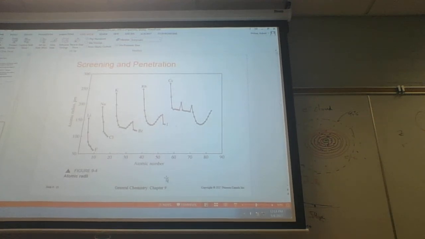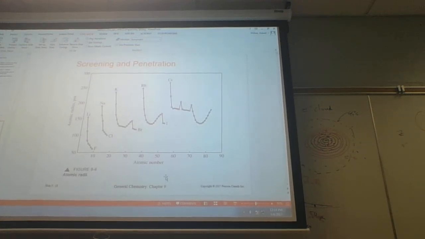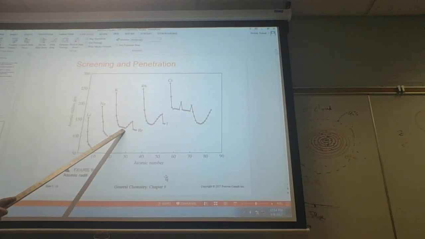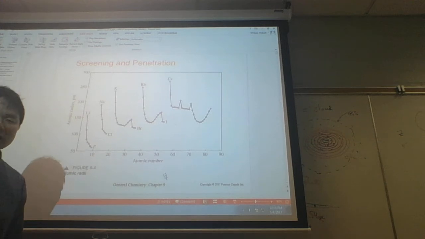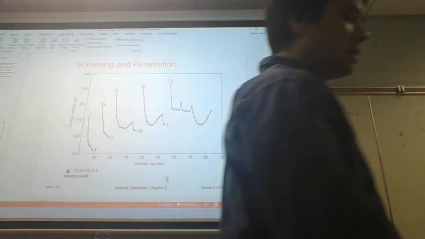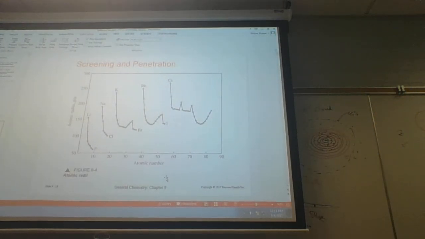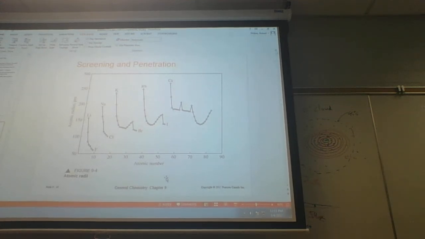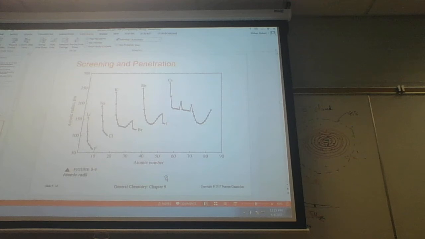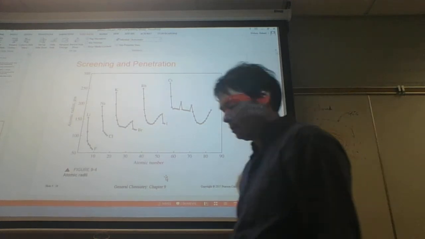Why is that? Well, the transition metal is kind of flat line here because of this. I add a proton. So let's take a look at a transition metal.